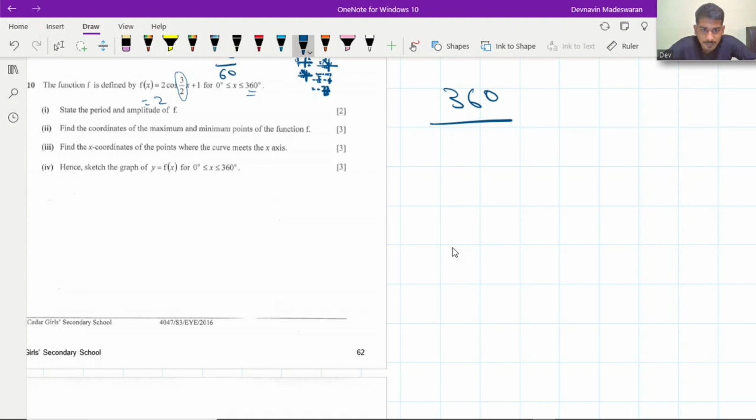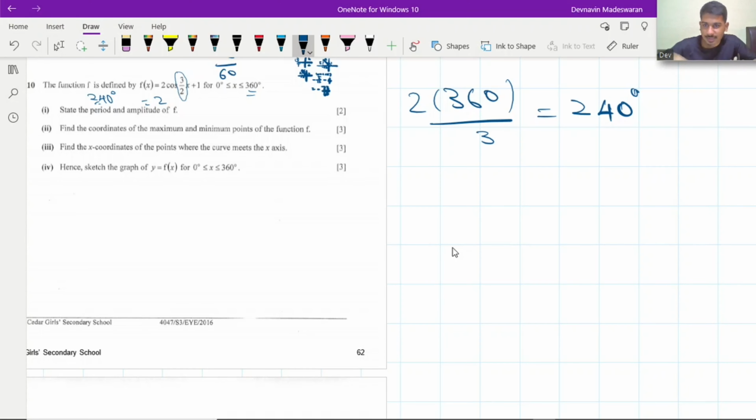So every 360 degrees, 3 over 2 of the things are there. So we need to divide by 3 over 2. So divide by 3 times 2 is going to be 240 degrees. Yeah, should be fine. Yeah, 240.